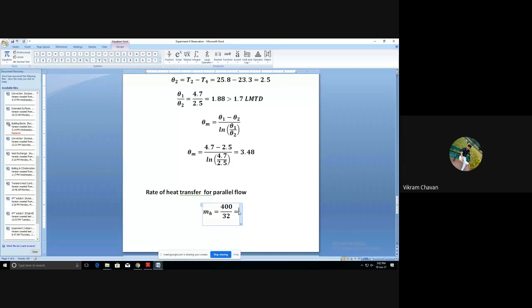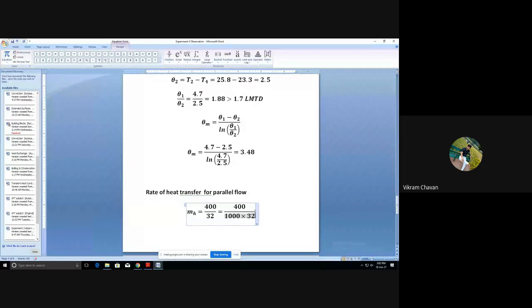For water, density is 1000, or specific gravity is 1. So we can say that 1 liter of water is equal to 1 kg. For that reason we directly convert this ml per second into liter per second, and that will be considered as kg per second. So 400 divided by 1000, the conversion of milliliter into liter, multiplied by 32.